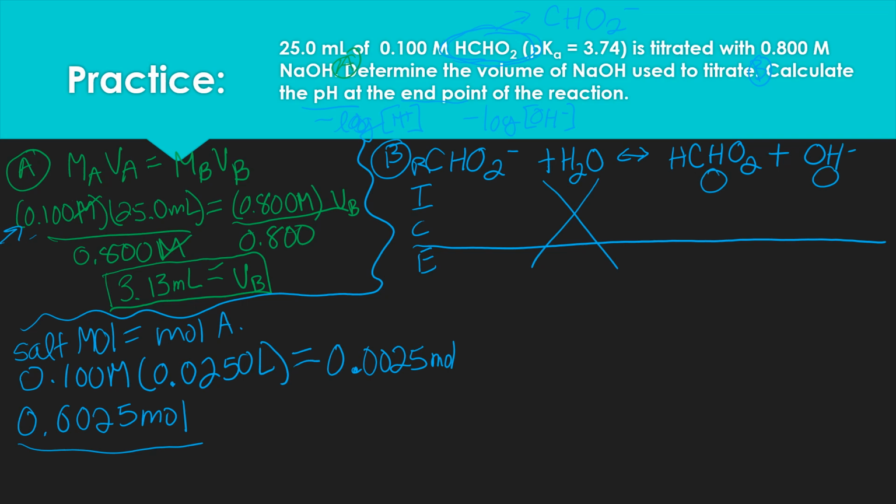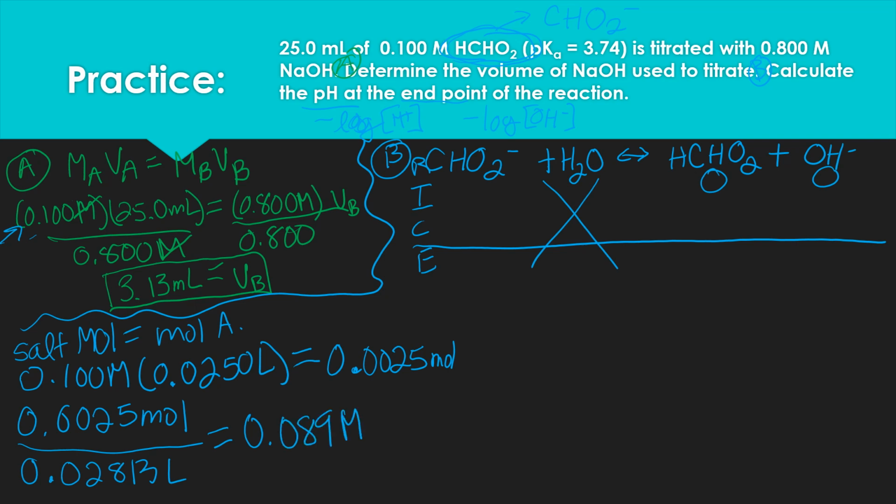We're going to divide it by our total volume because everything's poured together. So we have the 25 milliliters of acid plus our 3.13 milliliters of base. So that'd be 28.13 milliliters, so 0.02813 liters. And when we divide that, we get 0.089 molar.